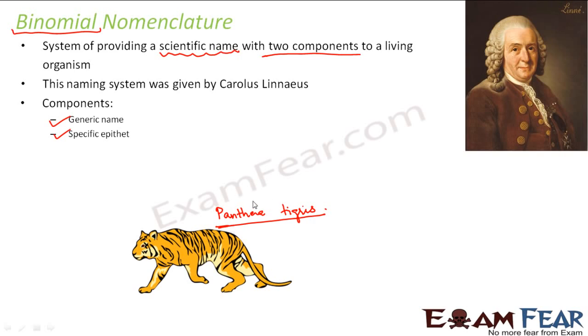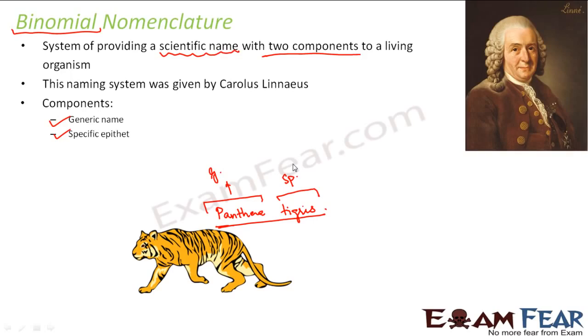Panthera represents the generic name. Tigris represents the specific epithet. Now, specific epithet basically is the species to which this animal belongs, and the species here is tiger, right? And what is the generic name? It denotes the genus to which this organism belongs.